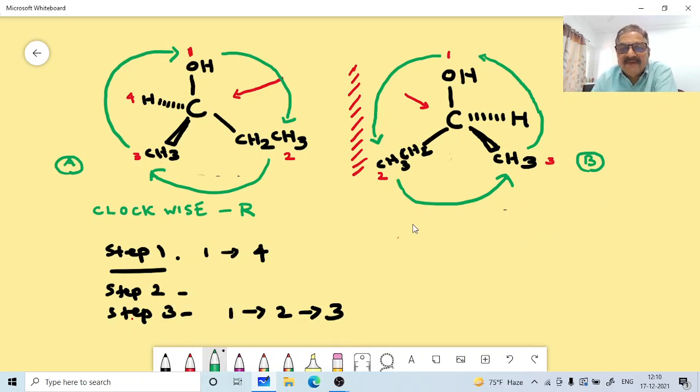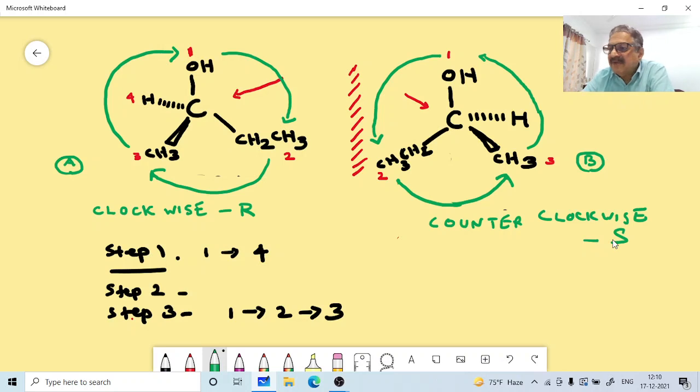So this is counterclockwise. So counterclockwise direction means the enantiomer is designated as S.